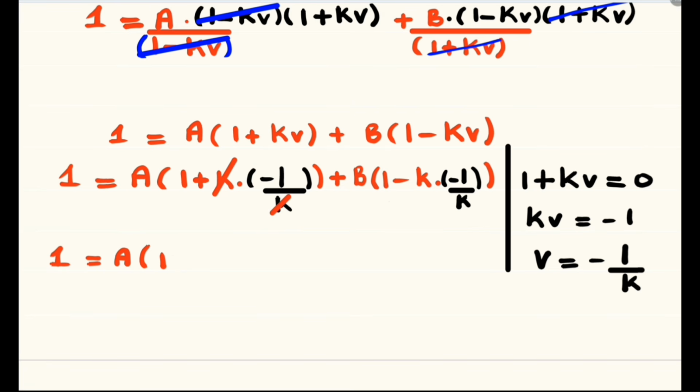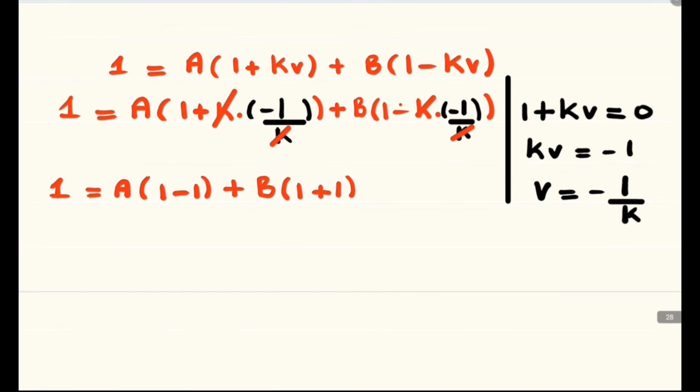So that negative 1 plus b multiplied by 1 minus, so the k and that k will cancel out. Negative multiplied by negative will be positive 1. So 1 minus 1 is equal to 0. So we have a multiplied by 0, but a multiplied by 0 is just 0, plus the b multiplied by 2. We divide both sides by 2 and the value of b will be equal to half.